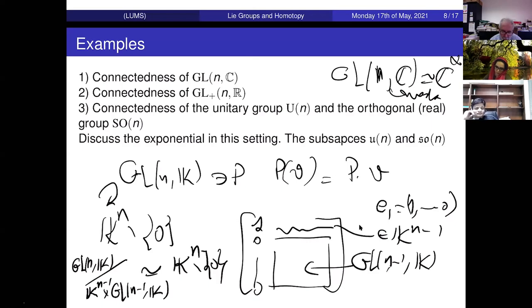And if we admit that GLn-1 is connected by induction, we can say that GLn(K) has the property that its quotient is connected because it is homeomorphic to this, which is connected as long as we are working with C. And the subgroup by which we take the quotient is connected. We have a classical result: if G over H and H are connected, then G is connected.